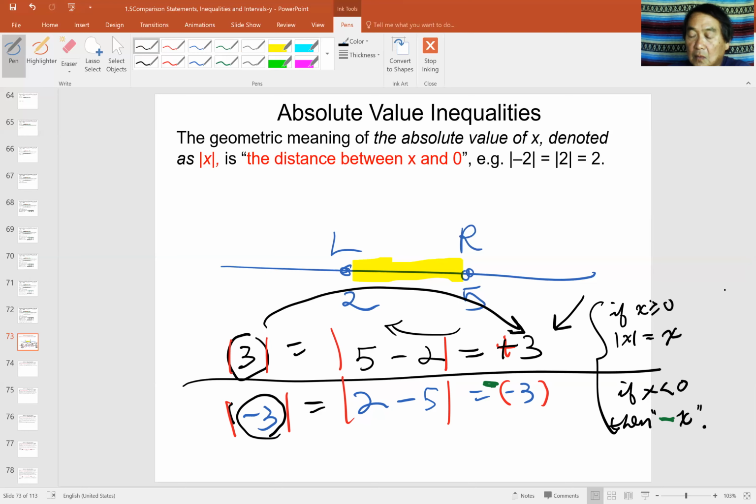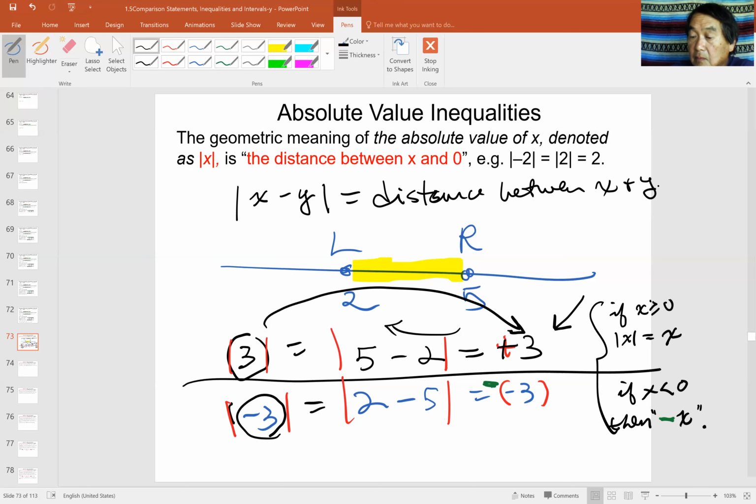But x minus y, in absolute value, is the distance between x and y. Always positive.